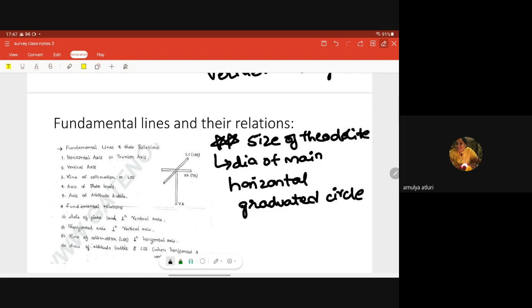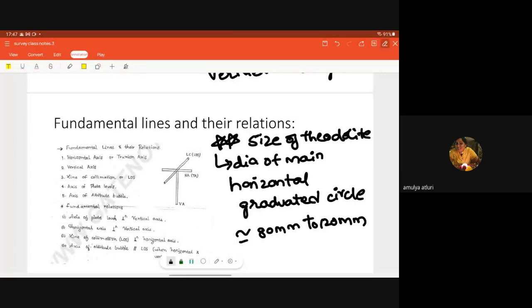It is generally 80 mm to 120 mm. This is a popular question. So the size of a theodolite is nothing but the diameter of the main horizontal graduated scale, generally 80 mm to 120 mm. Okay.